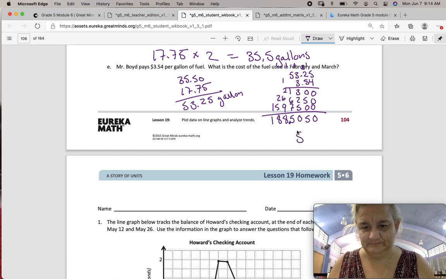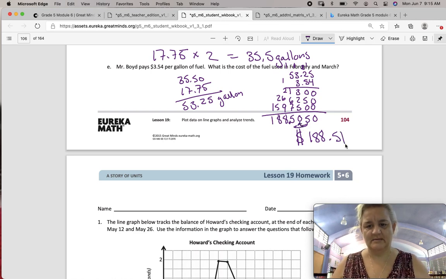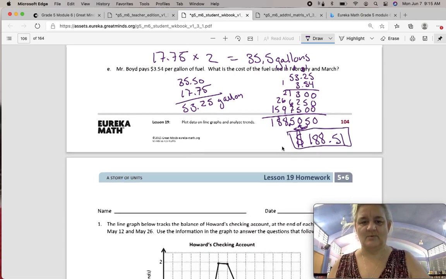So $188 and 50. Well, 50. I'm going to have to round up because we don't use that small a number in dollars, so we're going to have to go 51. Okay. There we go. I knew my math was getting wonky there.